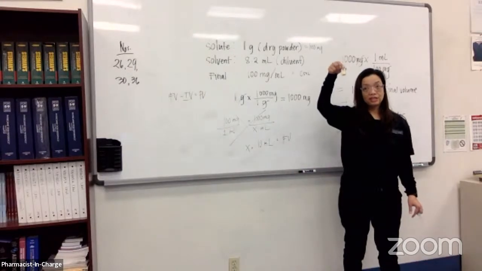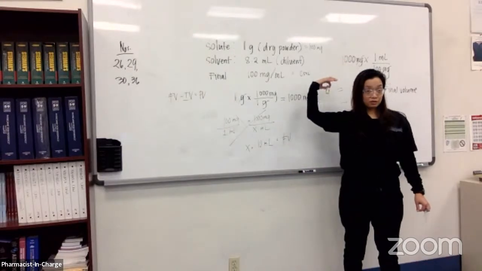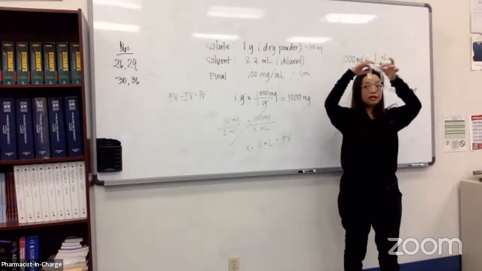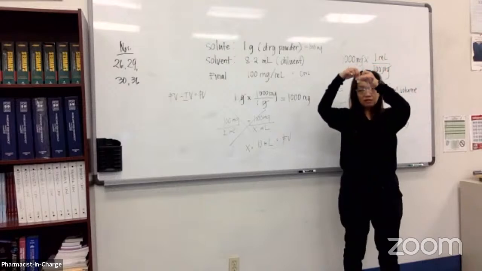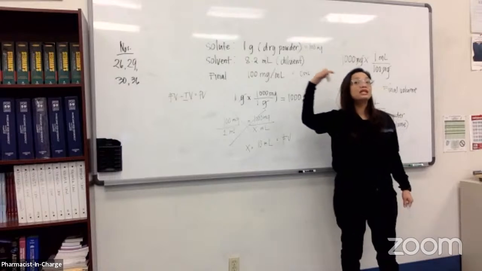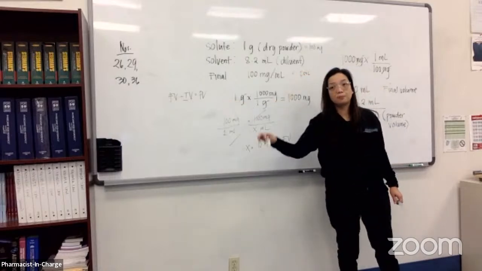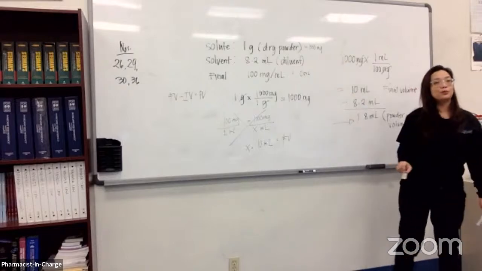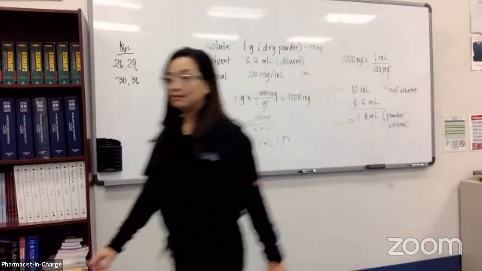I want you to picture that you only injected 8.2 ml of diluent, but it ended up 10 ml because the powder dissolved into it. That's your powder volume, powder displacement. This 1 gram dissolved to be 1.8 ml. Is that clear?